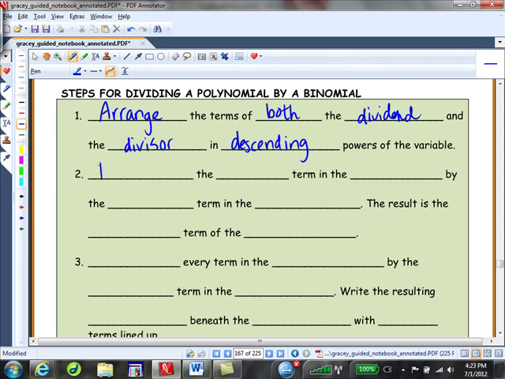The second step is to divide the first term in the dividend by the first term in the divisor. The result is the first term of the quotient.